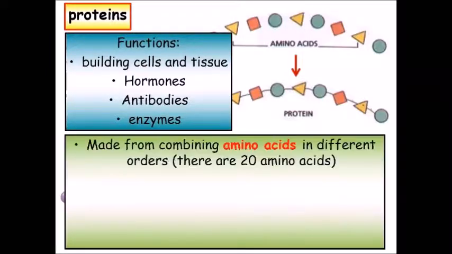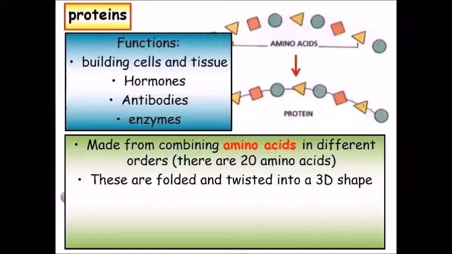They're made up of about 20 different amino acids. It depends where you look. There's different types because some have subunits and stuff like that, but 20 is the accepted generic number. And what happens is you combine them together in a particular order, a lot like Lego bricks. You put them together in a particular order, following a pattern, and it will make a house or a car or whatever. The same with this. You put the amino acids together in different sequences, and they will make different proteins.